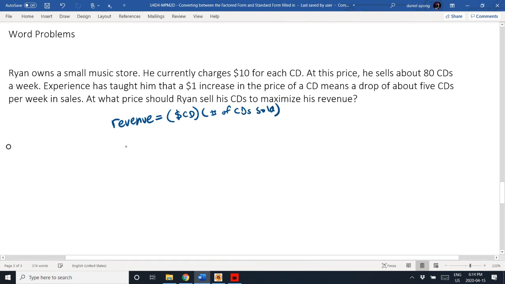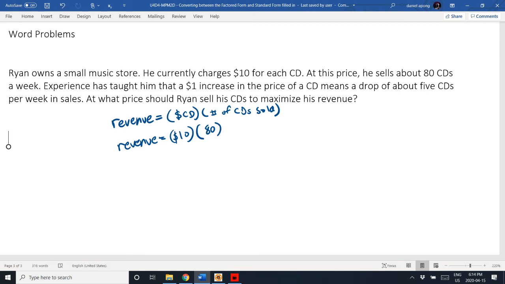Currently, his revenue is equal to $10 per CD times around 80 CDs a week, it says. As you can imagine, there is some increase we can make to the price that will give us a maximum amount of revenue.